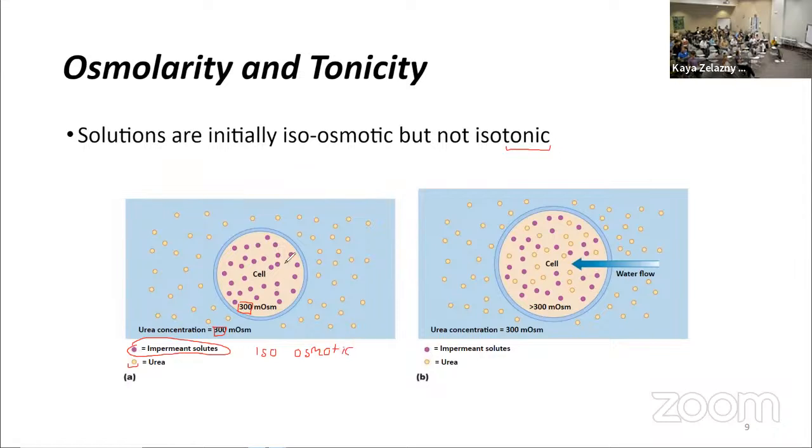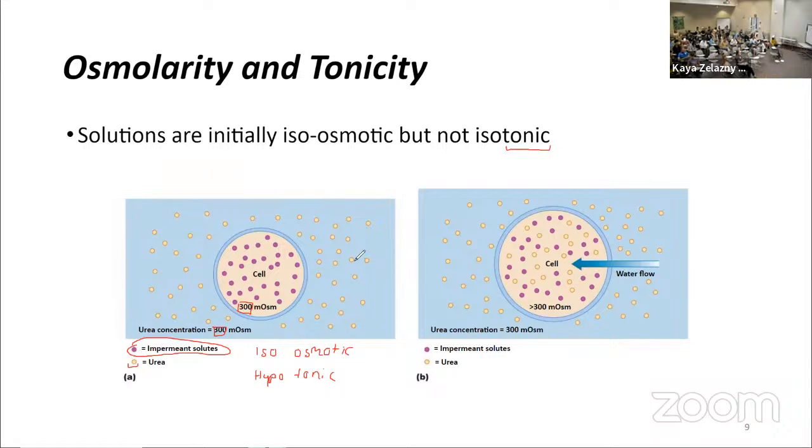But if we look at the tonicity, we have a high concentration of impermeant solutes inside and a lower concentration of them outside. So actually we have a hypotonic solution. So these two concepts don't always get you the same answer.